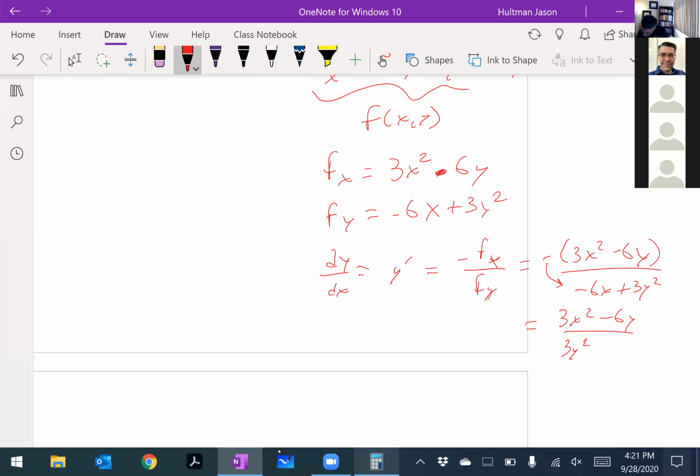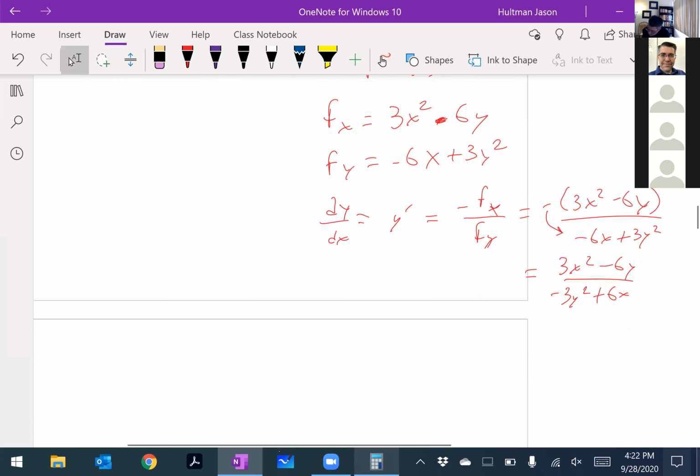Okay, so if I bring the negative down and multiply through, this becomes negative 3y squared plus 6x on the bottom. I guess it really didn't matter where I put the negative.